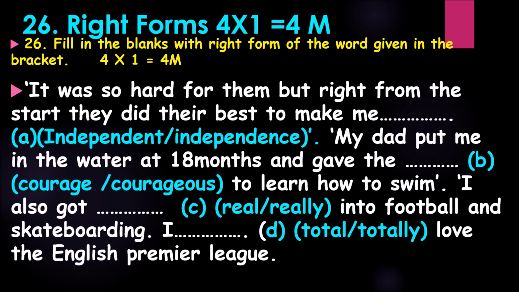I also got real or really into football and skateboarding. I totally love the English Premier League. So I'm sure what you have to do is you have to pick out A and you have to write the answer. That will be enough. No need to rewrite the passage again.